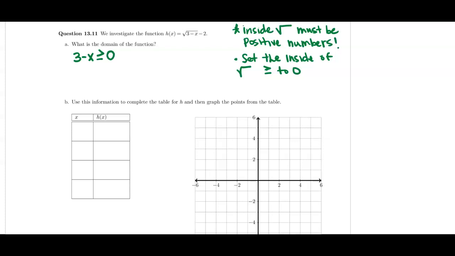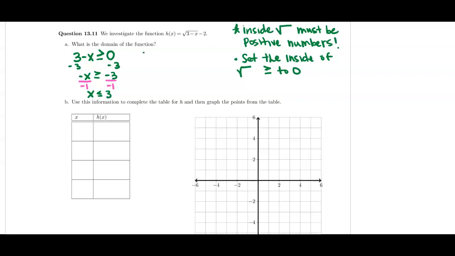It's just easier to read inequalities that way. So I'm going to choose to subtract my 3 over. So I get negative x is greater than or equal to negative 3. But when you divide by a negative with inequalities, remember it flips the inequality sign the other direction. So we really have x is less than or equal to positive 3.